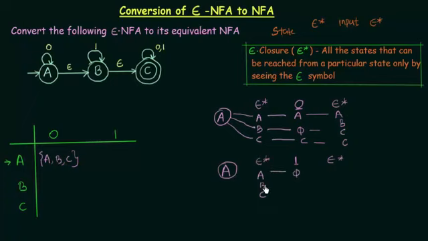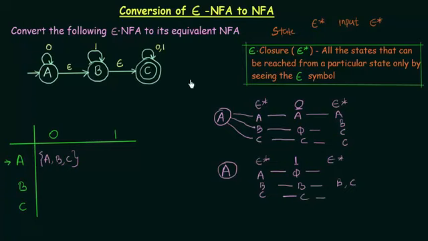B on getting input 1 goes to B itself, and C on input 1 also goes to C itself. Now we have states B and C, and we have to take the Epsilon closure of them. Phi is nothing. The Epsilon closure of B: B can go to B itself on Epsilon, and also to C. So B and C.